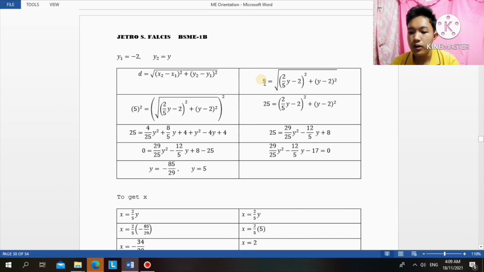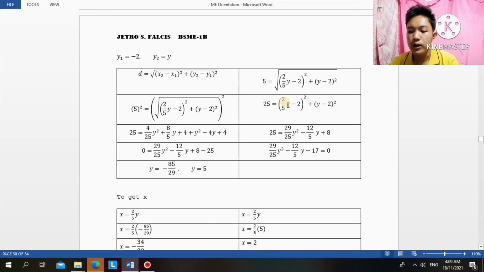So substitute the values. Our equation will become 5 is equal to the square root of (2 fifths y minus negative 2) raised to 2 plus (y minus 2) raised to 2. So raise to 2 both sides, or square both sides, to cancel out the radical sign. So squaring 5 will become 25, 5 times 5 is 25.